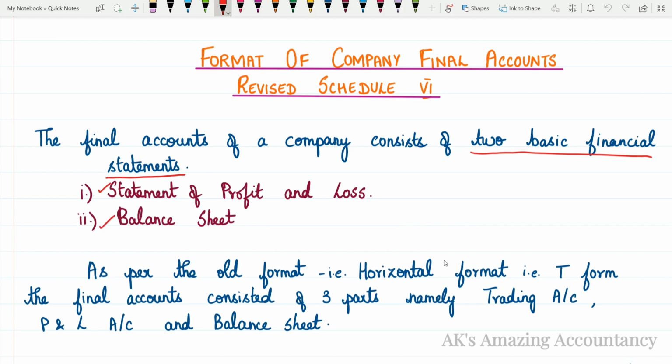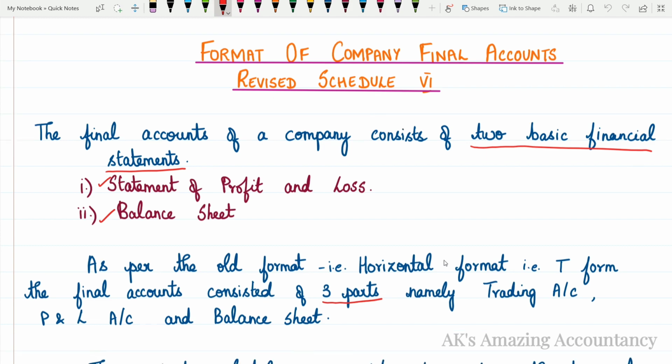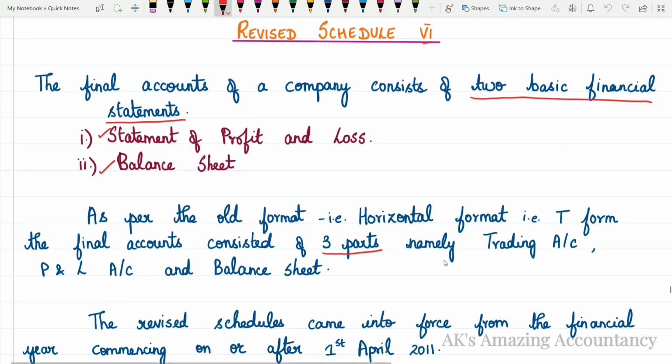Earlier, we had the old format, which was in horizontal form. We used to call it the T format, and as per the old format, the final accounts consisted of three parts, namely trading account, profit and loss account, and balance sheet.